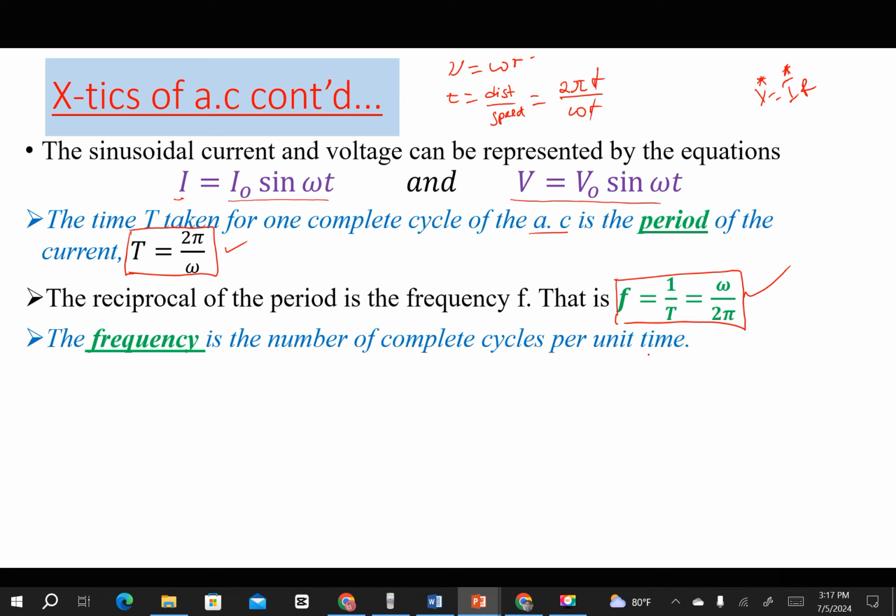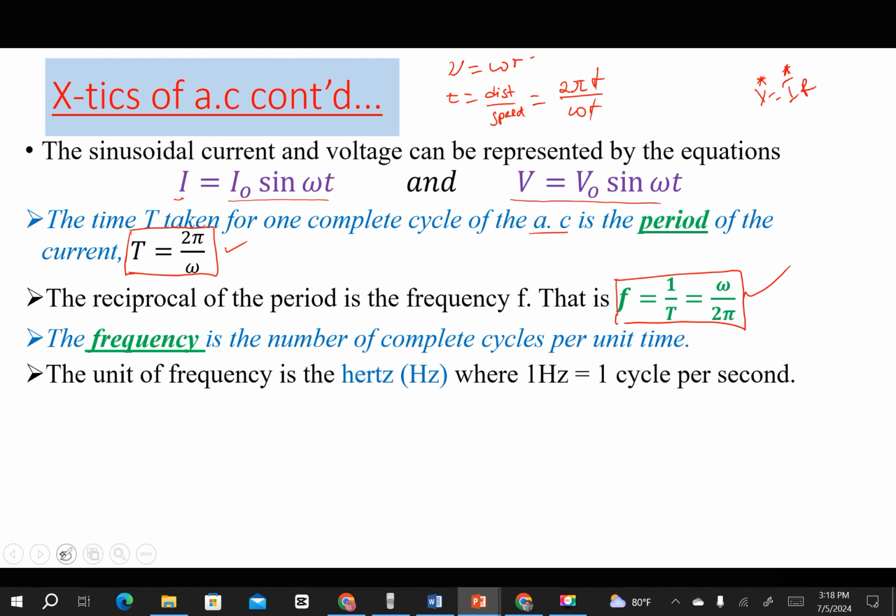How many cycles does the alternating current have per unit time? Like I mentioned earlier, some countries generate alternating current at a frequency of 50 hertz. That means 50 cycles per second. In some countries, they generate alternating current at 60 hertz, which is 60 cycles per second. Therefore, the units for frequency are the same units that we used in waves.